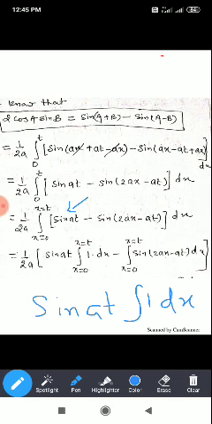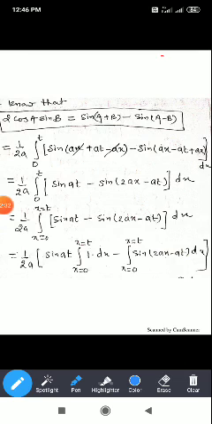With respect to x, the integration of 1 is equal to x, and whenever we put the upper limit and lower limit, this term is converted to t sin at. Second term: x equals 0 to x equals t of sin(2ax − at) dx.